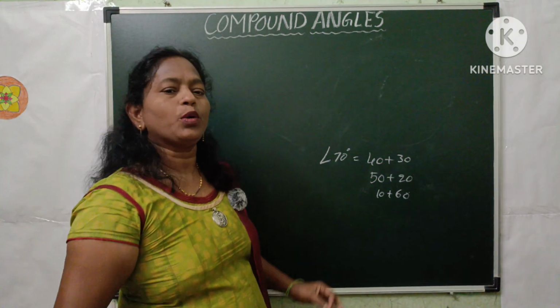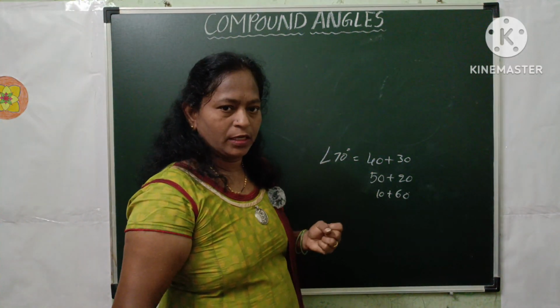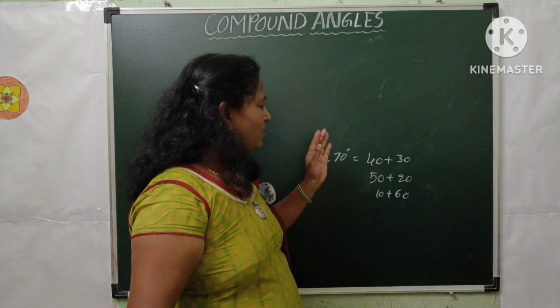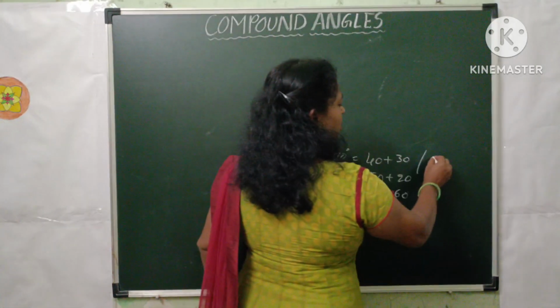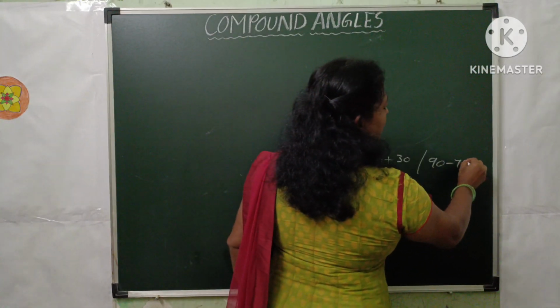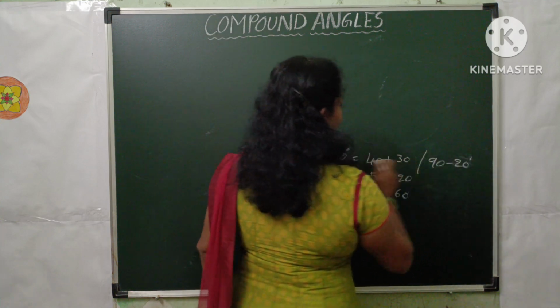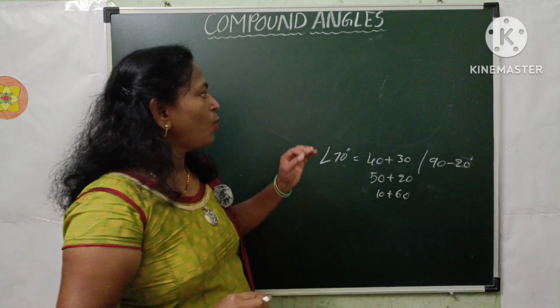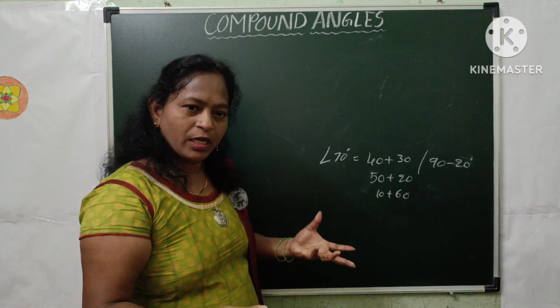Likewise, if you are given one angle, you have to write it as two angles, either by addition or subtraction. Also we can write 90 minus 20 for 70 degrees.